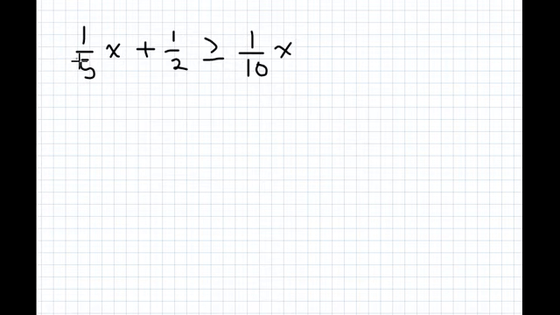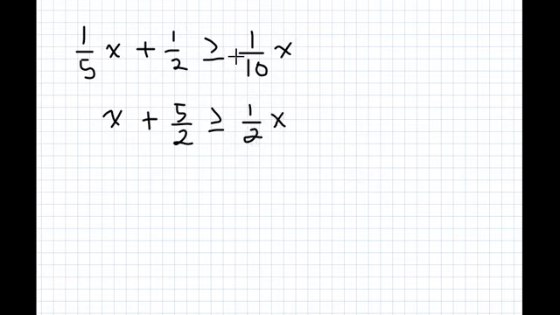So 5 times 1/5 is 1, so that's just left with x plus, and then this becomes 5/2 is greater than or equal to 5 times 1/10, which is going to be a half. Alright, so I'd just be multiplying 5 times 1/10, and that gives me 1/2 x.